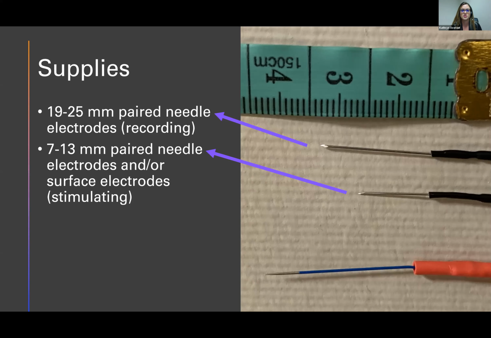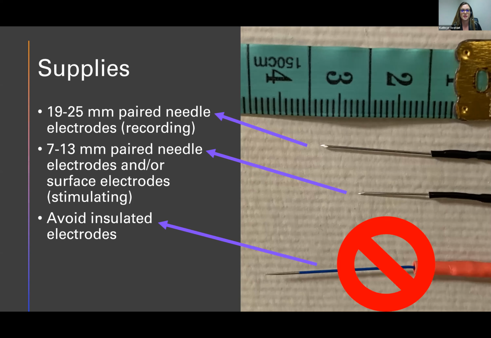The biggest no-no is to avoid insulated electrodes. Because of the anatomy of the anal sphincter, you want the entire needle to be collecting a recording rather than just a small tip of it that could pierce through or might not be exactly in the area you want to record. So you want a really large surface area for recording.